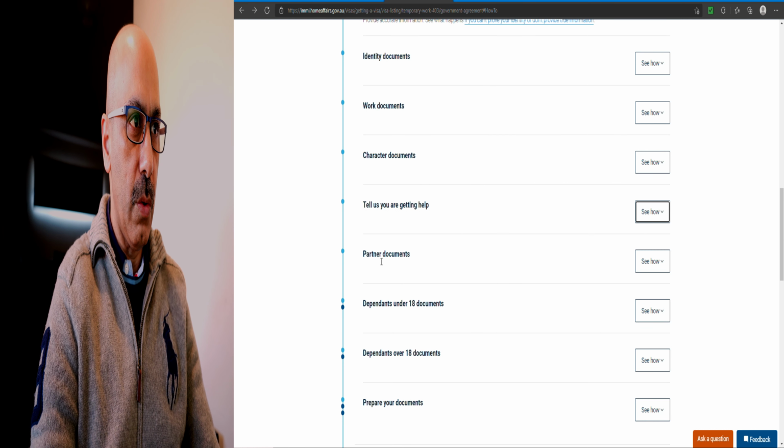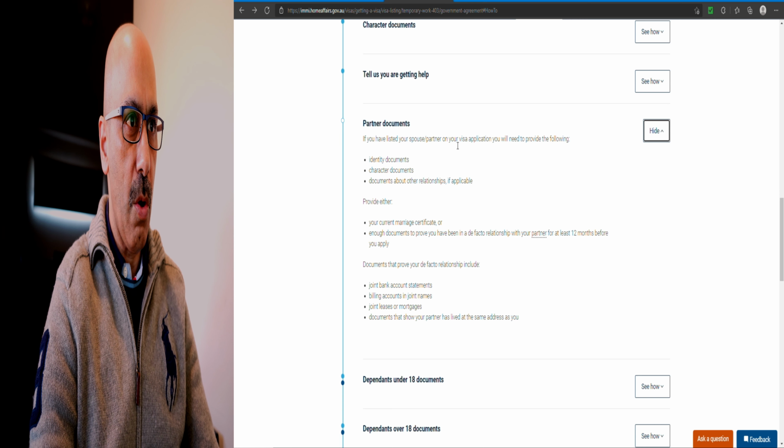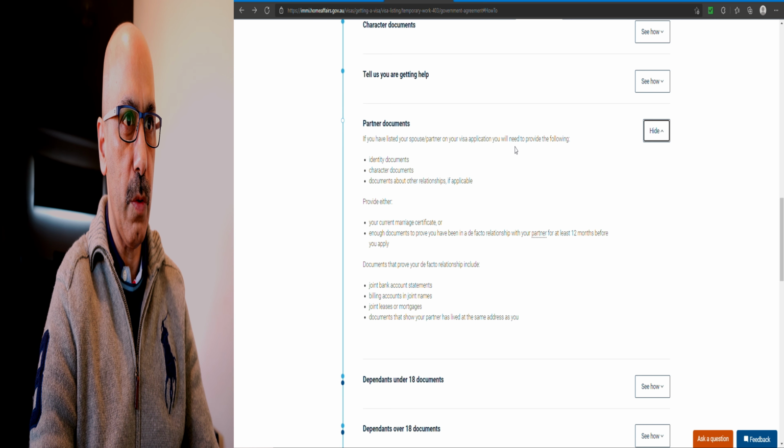Partner documents. So partner documents, if you have listed your spouse on your visa application, you will need to provide the following: identity documents, character documents, documents about other relationships if applicable. So you need to provide your current marriage certificate, or enough document to prove you have been in de facto relationship with your partner for at least 12 months before you apply.